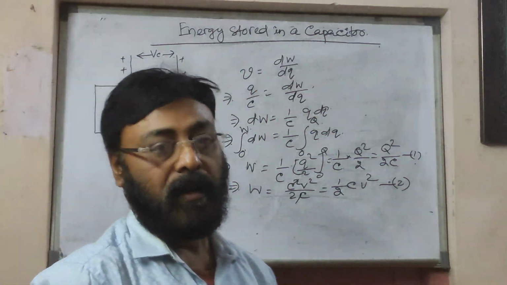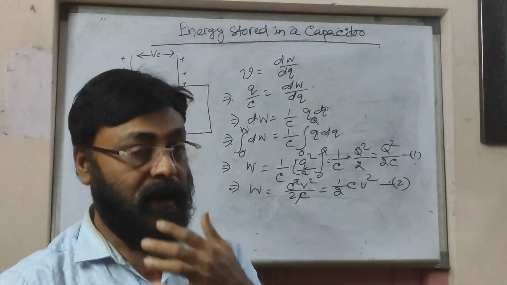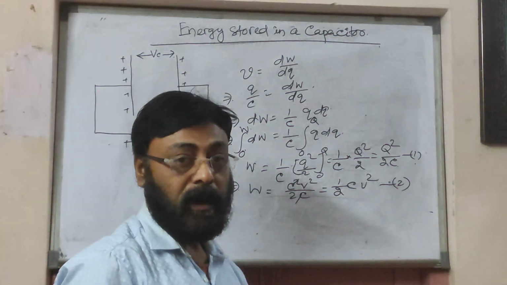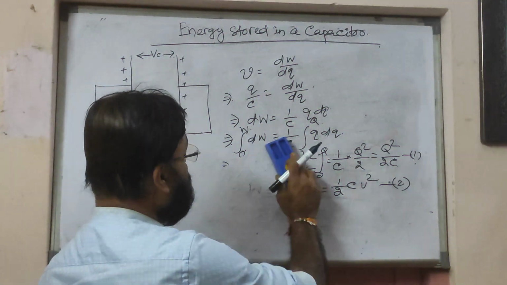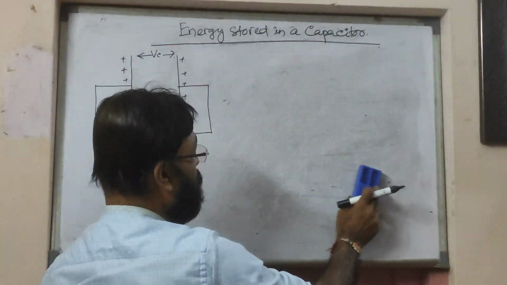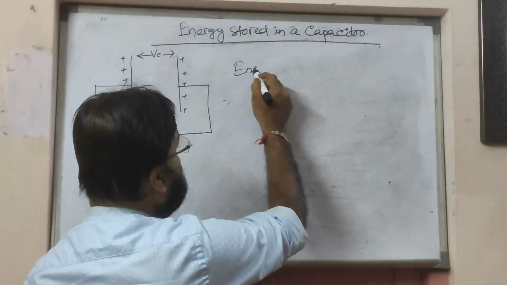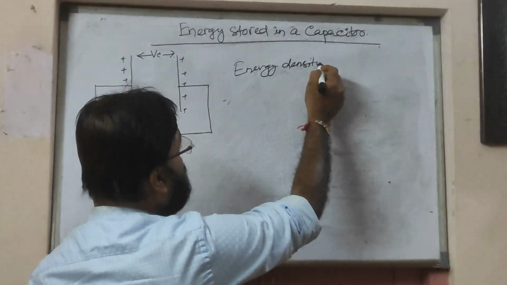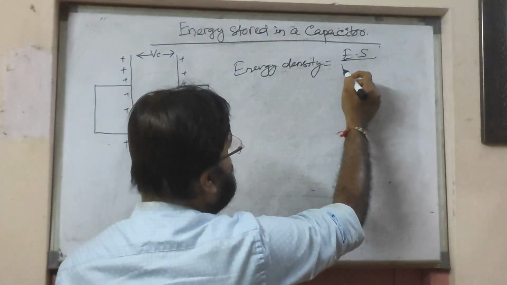Now from this, let us calculate the energy density. We know that the energy density is equal to the energy stored per unit volume. So energy density is given by energy stored per unit volume.